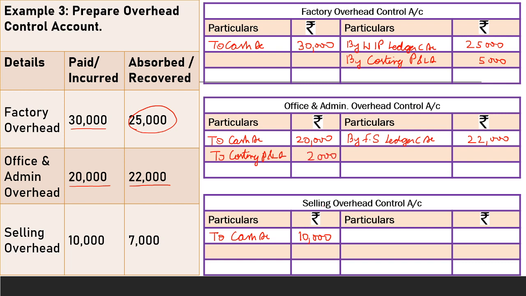Our next overhead is selling overhead control account, and we recover only 7,000 out of 10,000. So by cost of sales account 7,000, and the balancing value, which is loss, that is transferred to costing P&L account. So on credit side we write by costing P&L account 3,000 rupees. Now this is how the ledger posting of different overheads accounts are prepared.